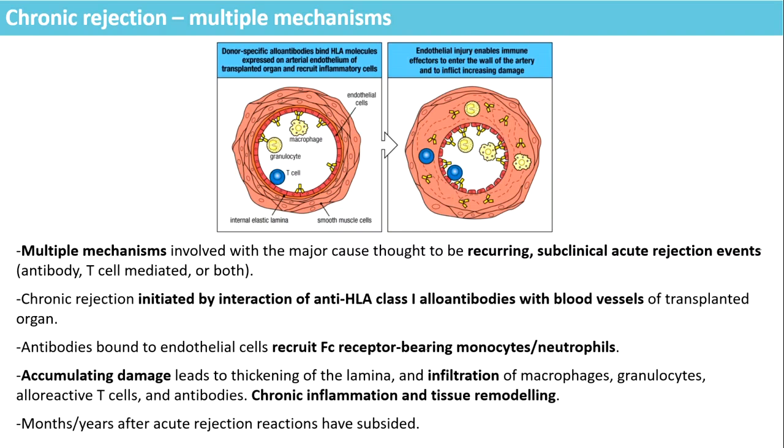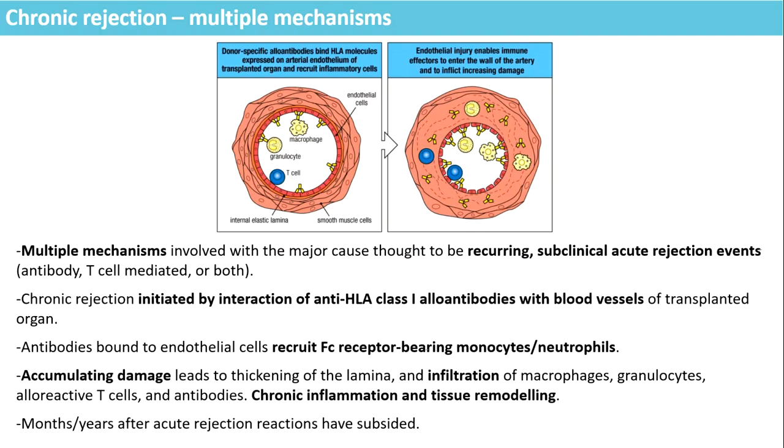If we look now at chronic rejection, there are multiple mechanisms going on here. But it's important to realize that when it comes to chronic rejection, it's very much acute subclinical rejection events, and these are constantly recurring. So they're not very easy to detect, but these are reoccurring acute events that just keep happening. And they can be antibody mediated, but they can also be T-cell mediated, or both. Essentially, what's happening is we're getting an interaction of antibodies that are recognizing anti-HLA class 1.